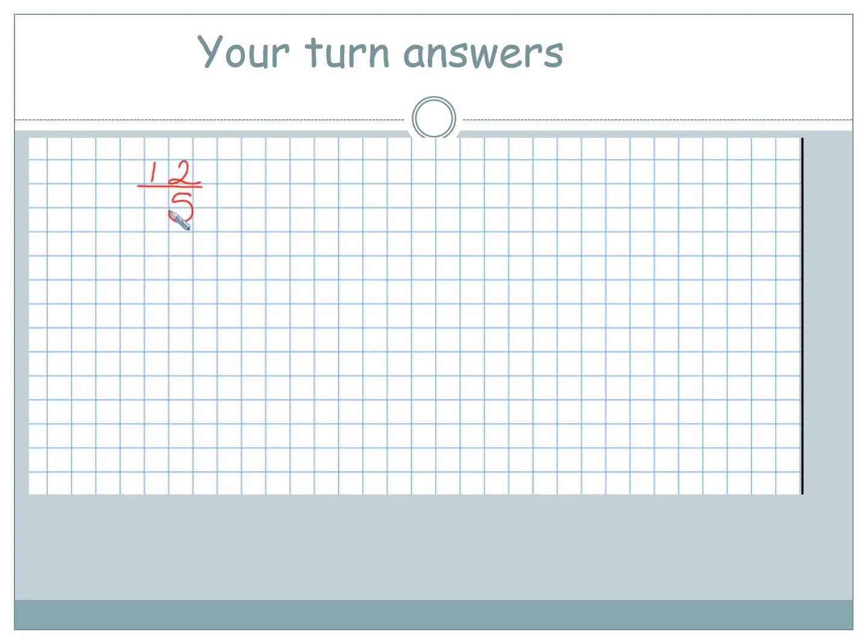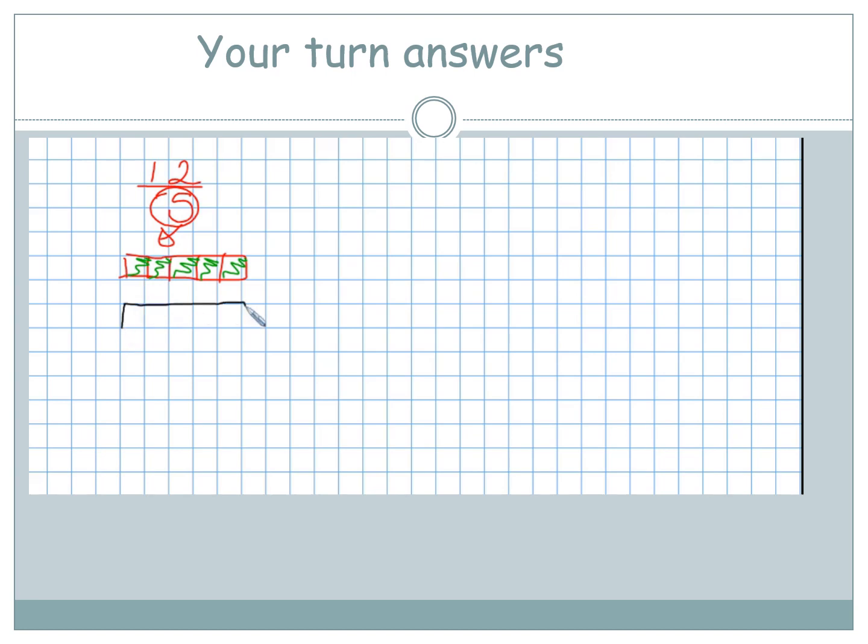So let's see how you got on with your turn answers. So 12 over 5. You've got your denominator of 5. So you need to see how many times 5 goes into 12, counting up in 5s up to 12. So you've got your whole bar which shows you 5.